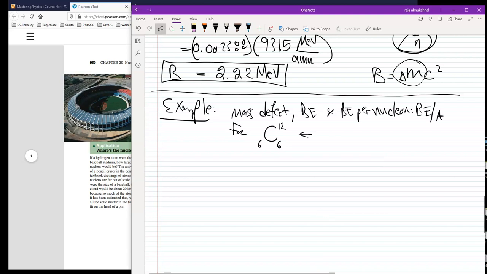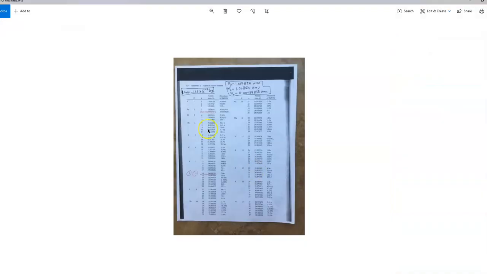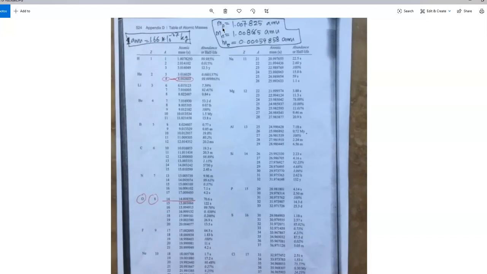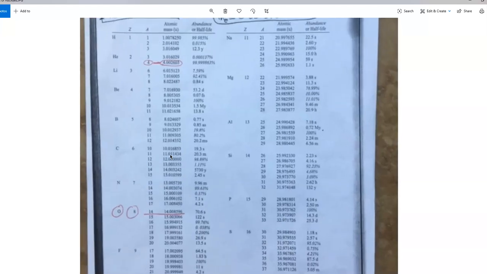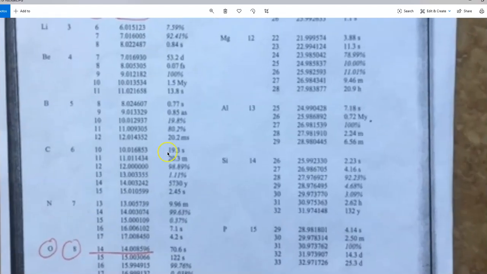What is carbon-12? Let me go back to the table. Carbon has atomic number 6 right here. Let me make it bigger. Right there, see that? Here is carbon, and carbon-12 is right there.